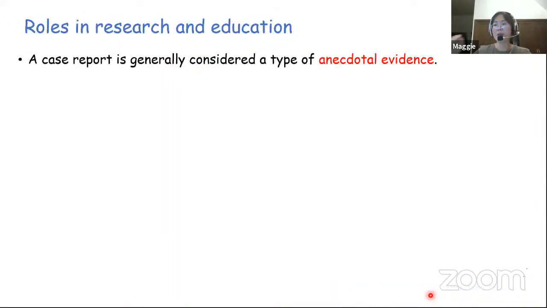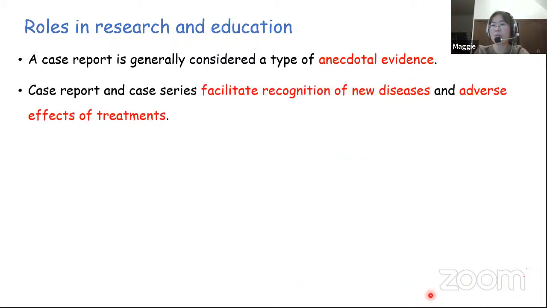So what are the roles of case report or case series in research and education? A case report is generally considered a type of anecdotal evidence. And also, case reports and case series can facilitate recognition of new diseases and adverse effects of the treatments.